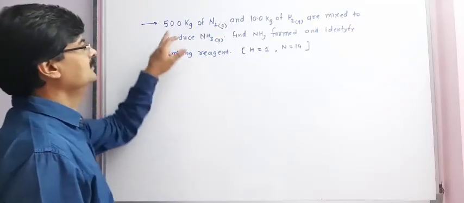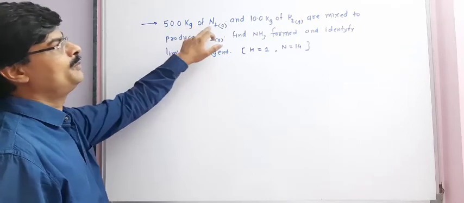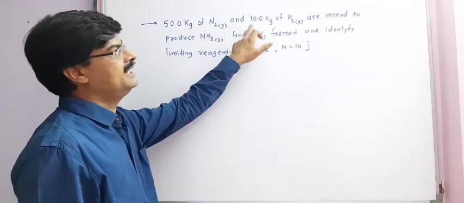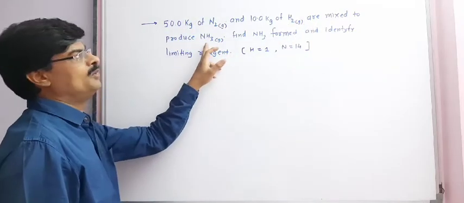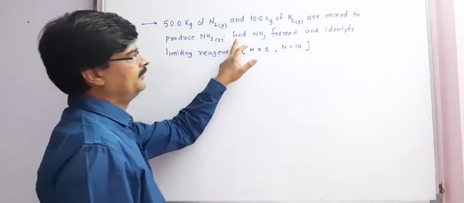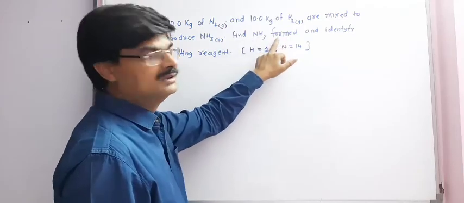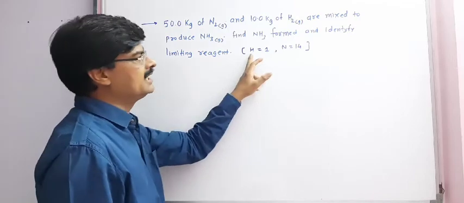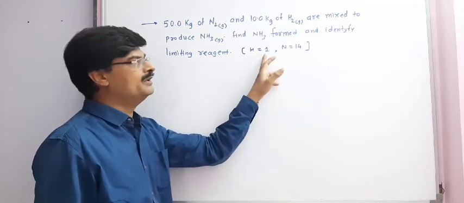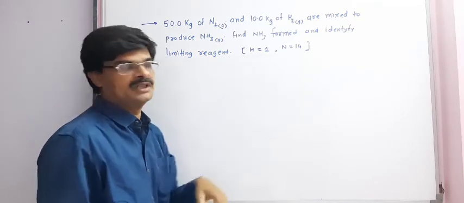In the next sum, 50 kilogram of nitrogen and 10 kilogram of hydrogen are mixed to produce ammonia gas, NH3. Find NH3 formed and identify the limiting reagent. Taking atomic mass of hydrogen to be 1 and of nitrogen it is 14.